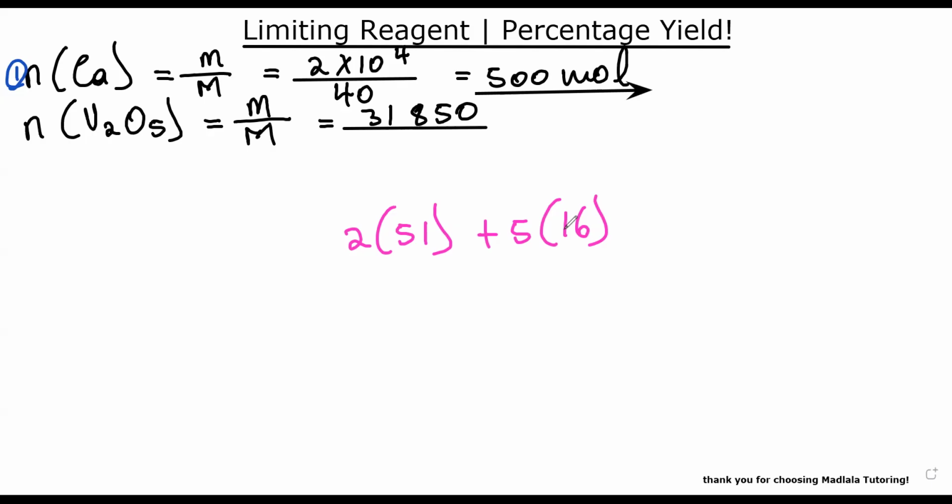So if you go to your calculator and say 2 times 51 plus 5 times 16, you simply get 182. So if you now say 31,850 divided by 182, you get a solid 175 moles.